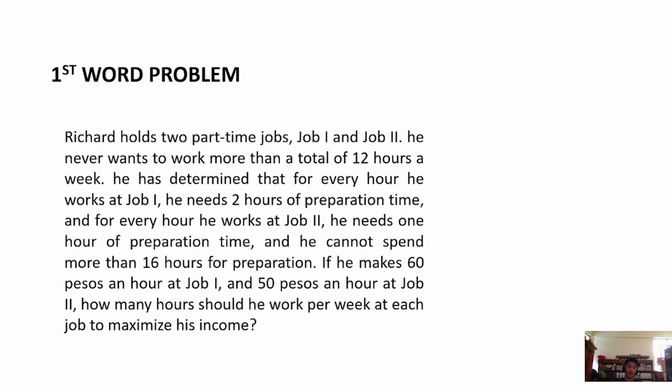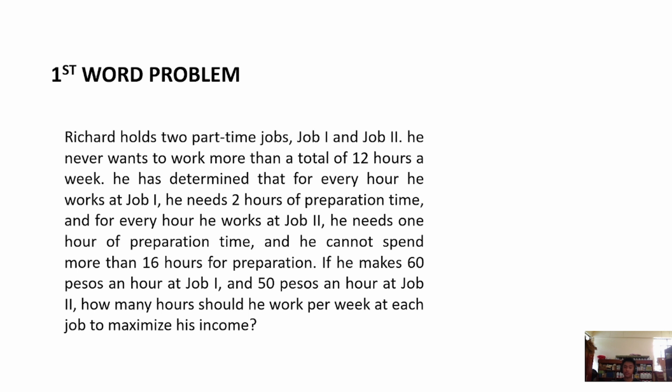So this is my first word problem. Richard holds two part-time jobs, job one and job two. He never wants to work more than a total of 12 hours a week. He has determined that for every hour he works at job one, he needs 2 hours of preparation time, and for every hour he works at job two, he needs 1 hour of preparation time, and he cannot spend more than 16 hours for preparation.